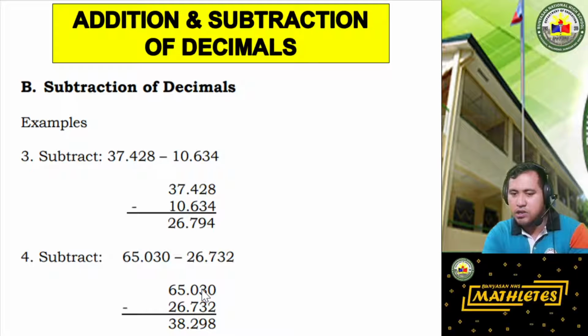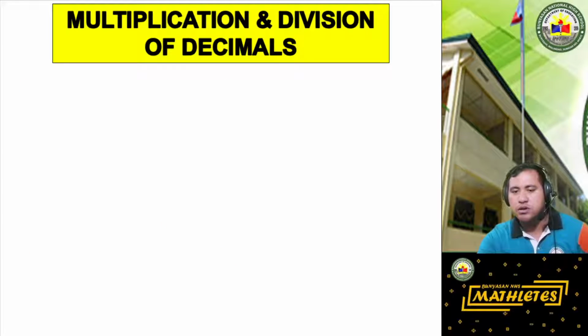The 3 becomes 2, which is not enough for 3, so we borrow 1 again. The 0 becomes 9, and we have 12 minus 3 is 9. Then 9 minus 7 is 2. The 5 becomes 4, so we borrow: 14 minus 6 is 8. The 6 becomes 5, and 5 minus 2 is 3. So the answer is 38.298.